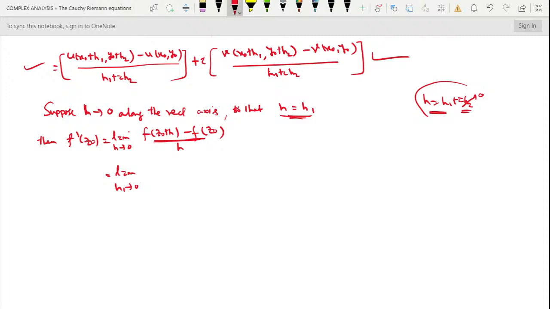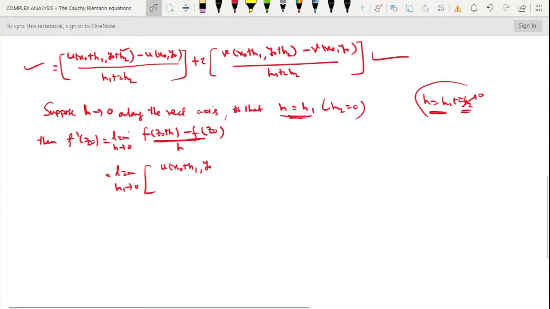This is u of x0 plus h1 comma y0, because here h2 is 0, so in place of h2 I will put 0.